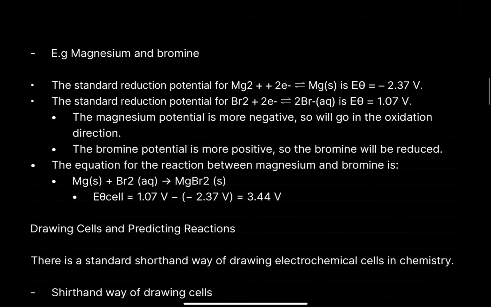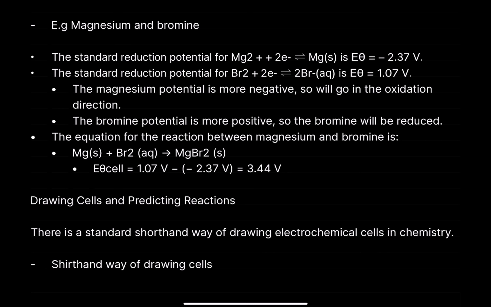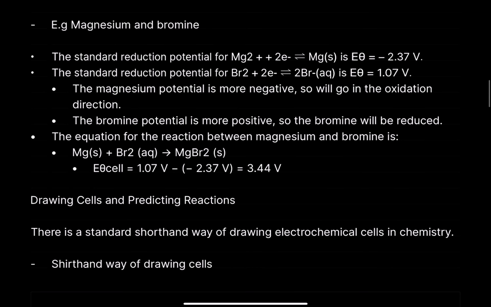That's why these reduction potentials are so important, because they tell us which direction the reaction is going in. I'm going to go through the rest of this and explain my other point here. You can see here, magnesium is being oxidized, bromine is being reduced. The equation for this reaction between magnesium and bromine is Mg plus Br2 goes to form MgBr2.